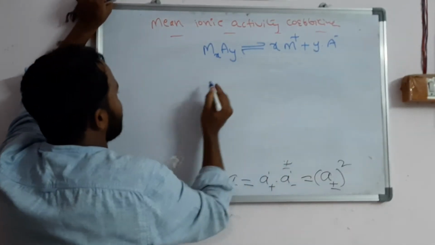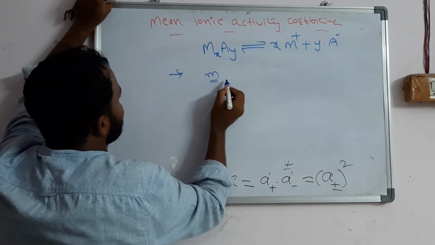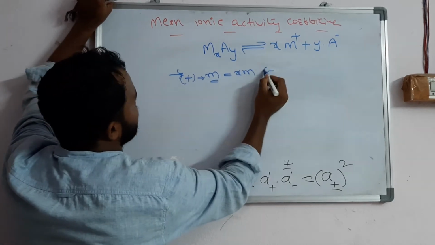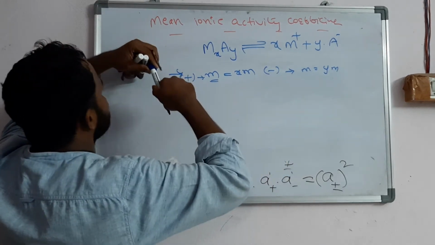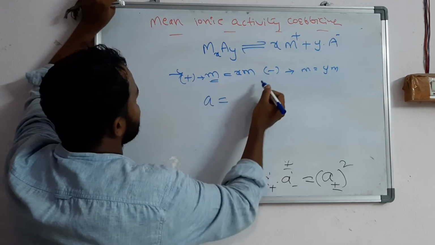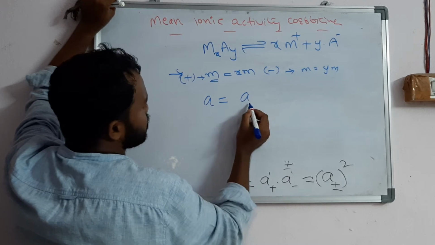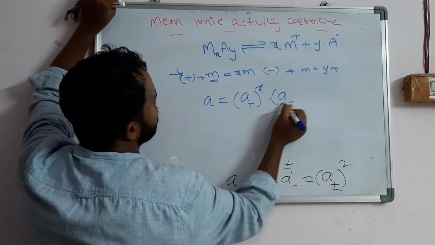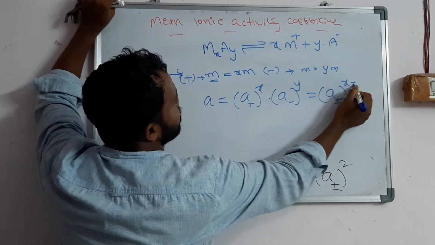So for this you need to write one more point: for cations, when molarity M is there, you should take X into M. For anions, you should take Y into M, molarity in terms of Y. Same, A is equal to A plus power X into A minus power Y, is equal to A plus or minus all to the power of X plus Y. This is the general equation.